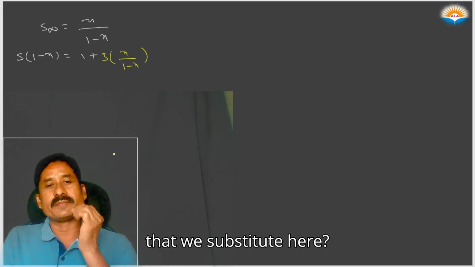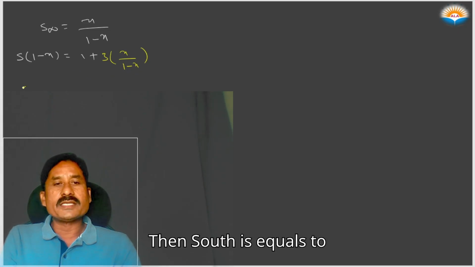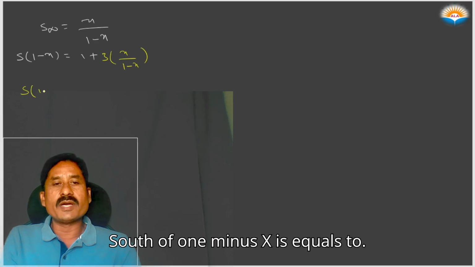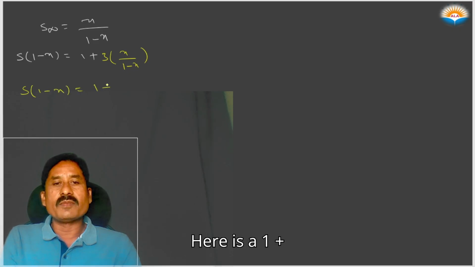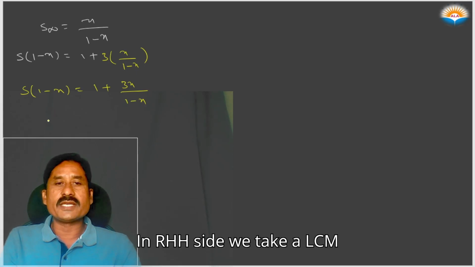That we substitute here. Then S of 1 minus x is equal to 1 plus 3x by 1 minus x. On the RHS side we take the LCM.